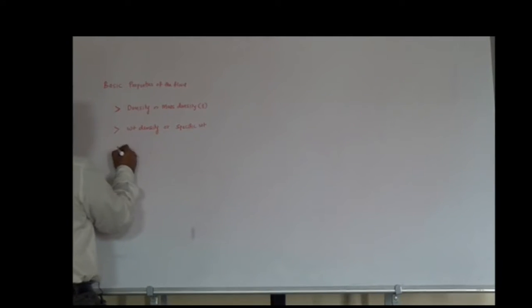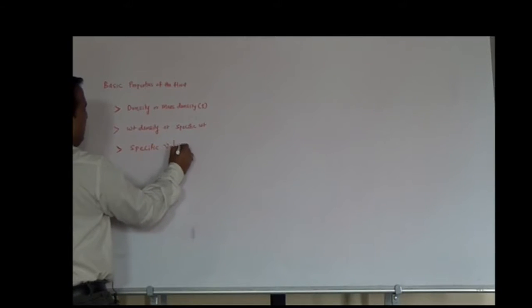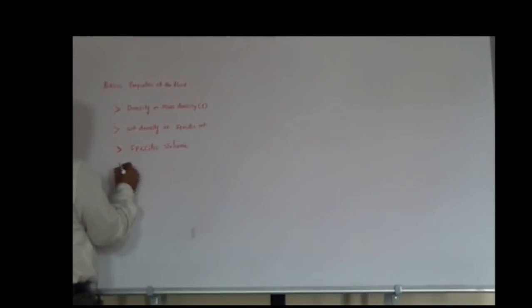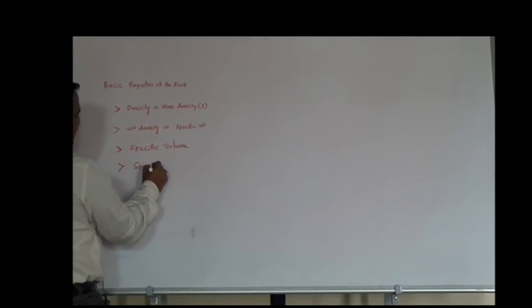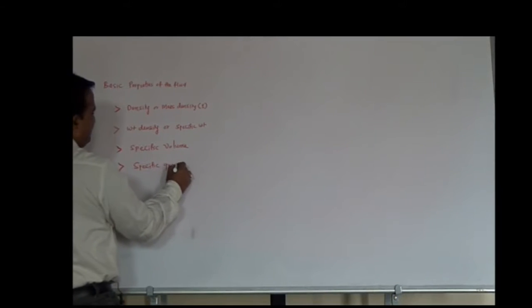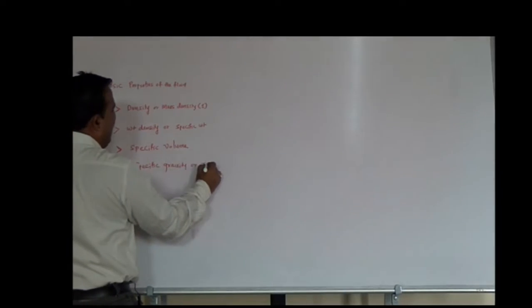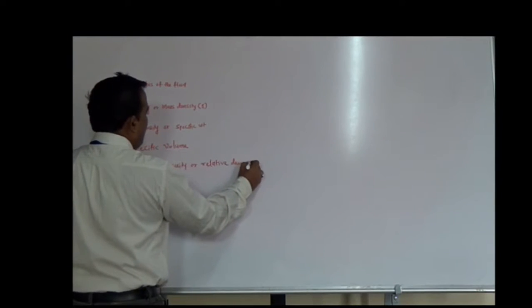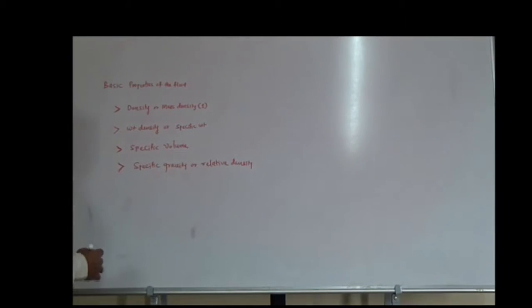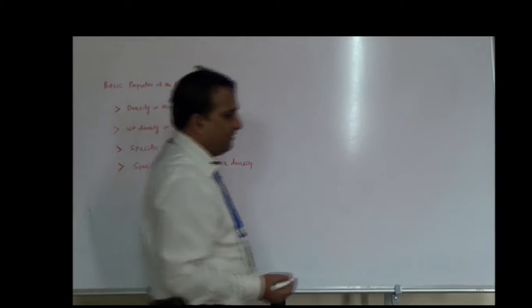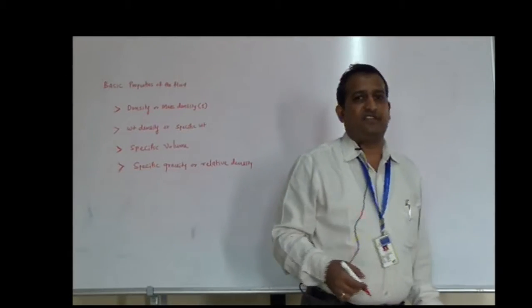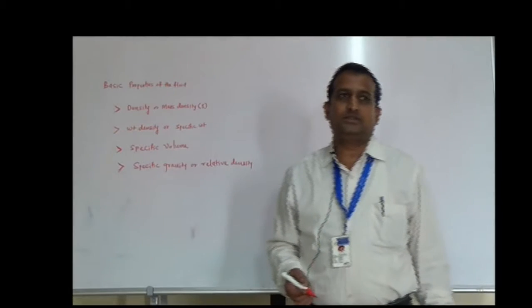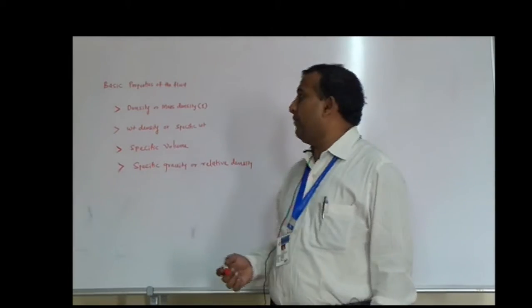Next is specific volume. The fourth one is called specific gravity or relative density. These are the four very basic ones. Many other properties are there, called viscosity, surface tension, capillarity. Okay, these are the basic properties.